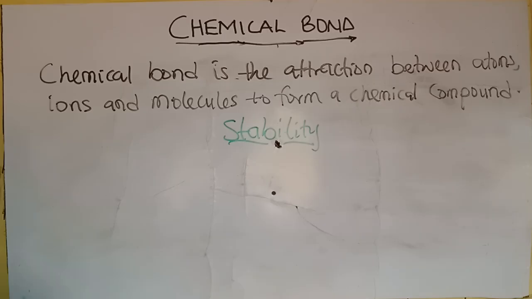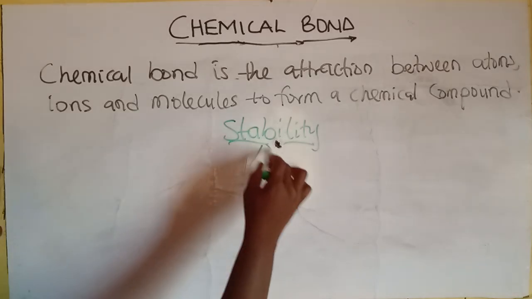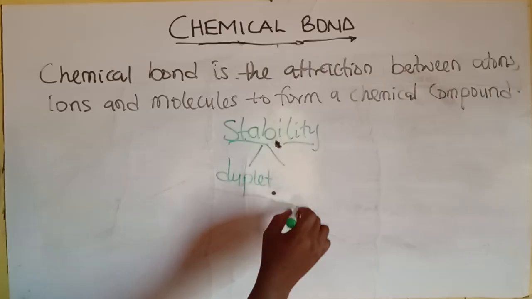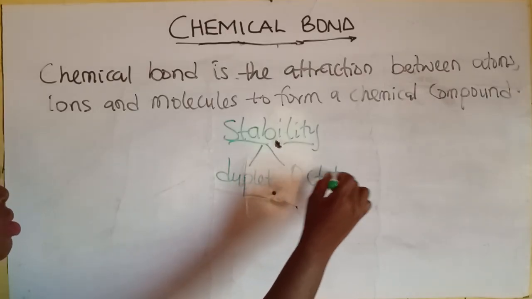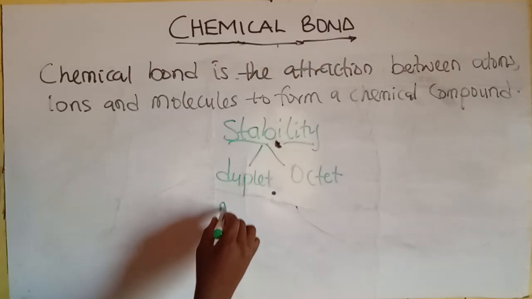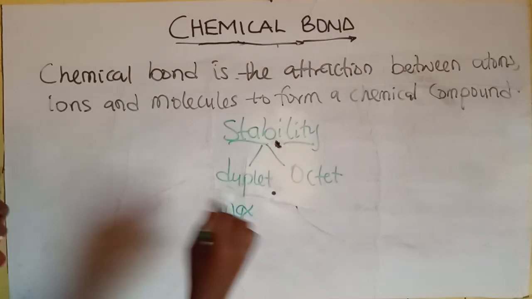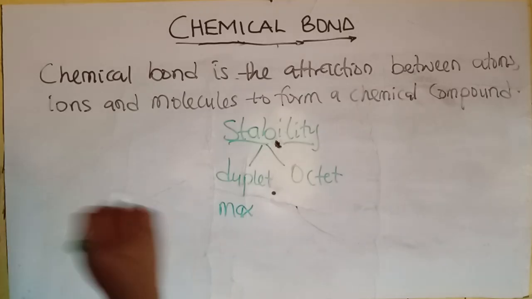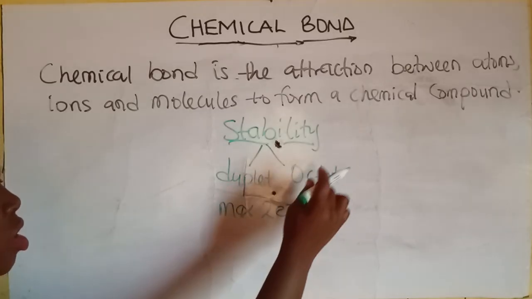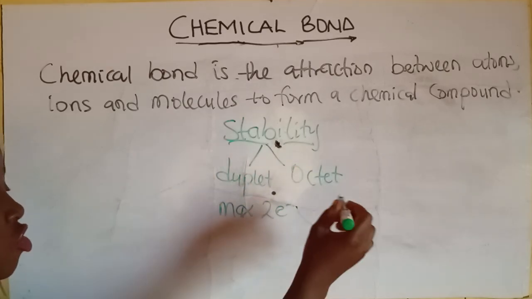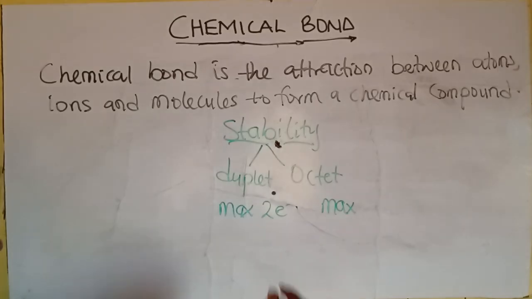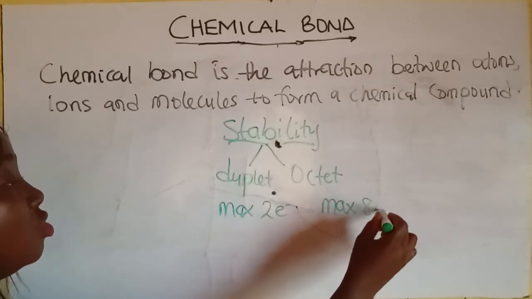Recall in our previous lesson that we said we have 2 types of stable configuration: the duplets and the octets. The duplet being where the valence shell, the outermost shell, has maximum of 2 electrons, and the octet configuration is when the outermost shell, what we call valence shell, has maximum of 8 electrons.